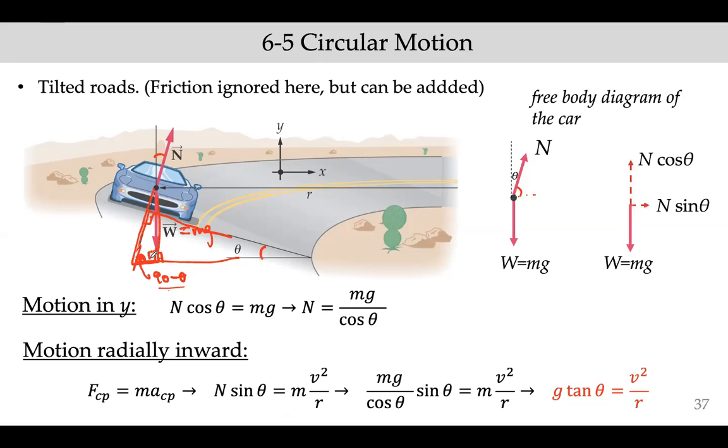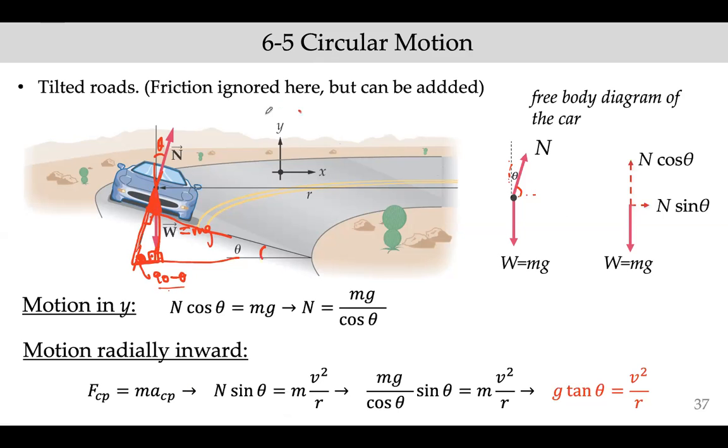This is 90, this is 90 minus theta, then this angle becomes theta. And now look at these two lines. If this angle is theta, then this one is also theta. So I need this theta because I have to find the components, right? So N, the normal force, has an up component and a component in the x direction.